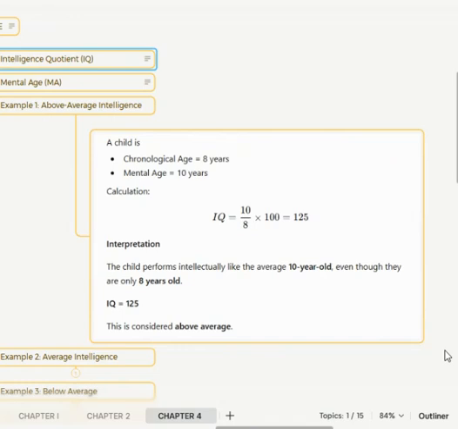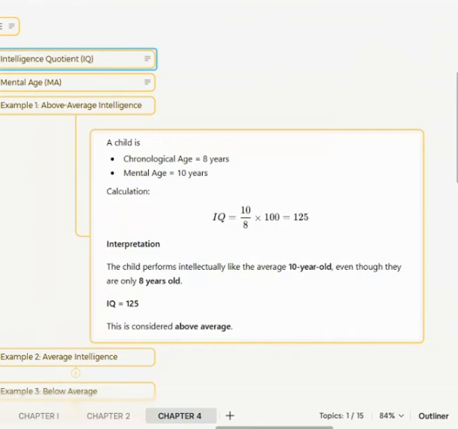Sir, I'm not trying to argue about who is right or wrong, but according to my understanding, I'm still right. The formula means IQ equals the mental age divided by the chronological age, and then multiplied by 100.